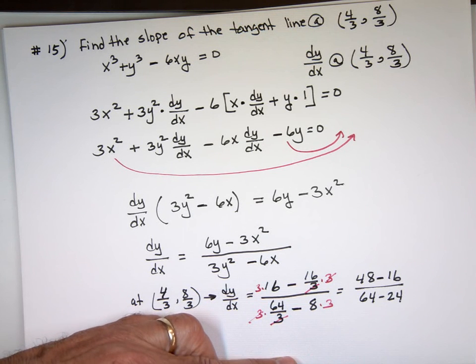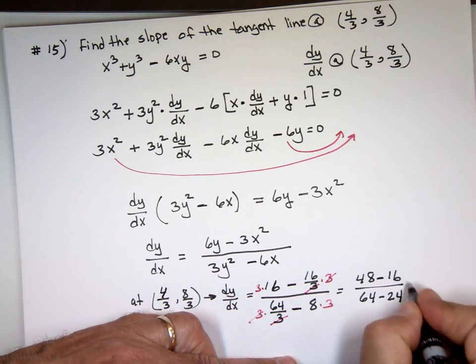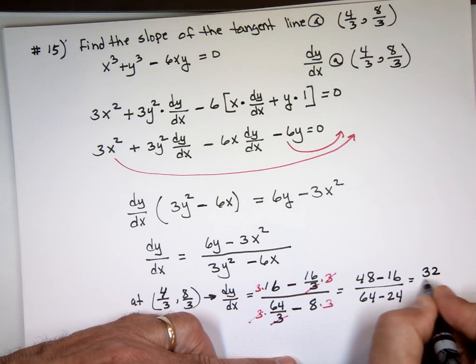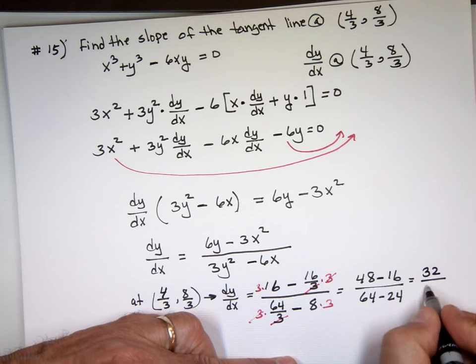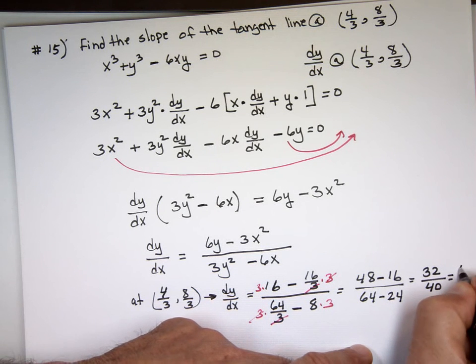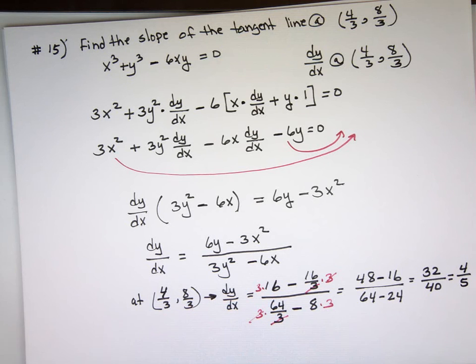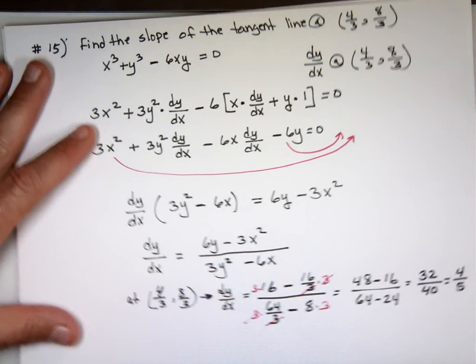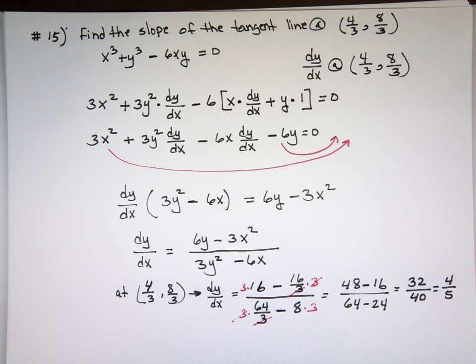That's a 32 over, what do we got, 40? Can we simplify that? Yep, divide by 8, 4/5. So the slope at that point is 4/5. And that's the end of these questions.